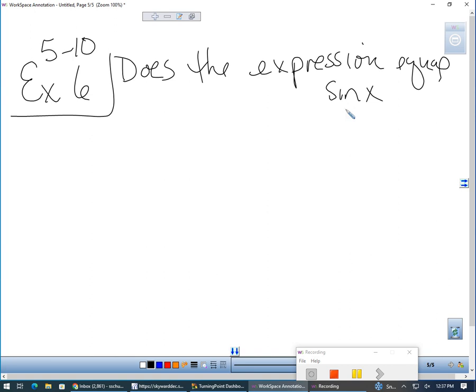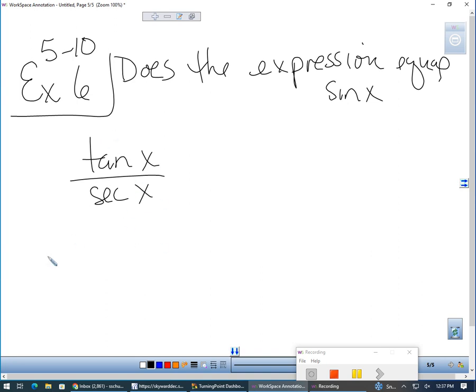So maybe I give you, how about this? Tangent x over secant x. I want to know if that equals sine. So it's kind of like a proof. You set it equal to sine. You just got to change this side until we get it to match, right? If you never get it to match, you actually get to say no today on just those. And I think you have one of them that you're going to be doing that says no.